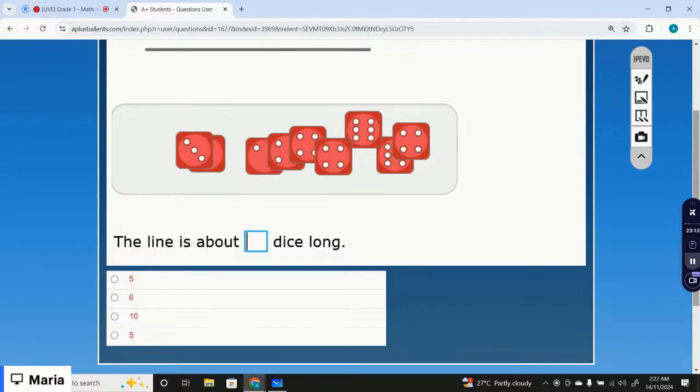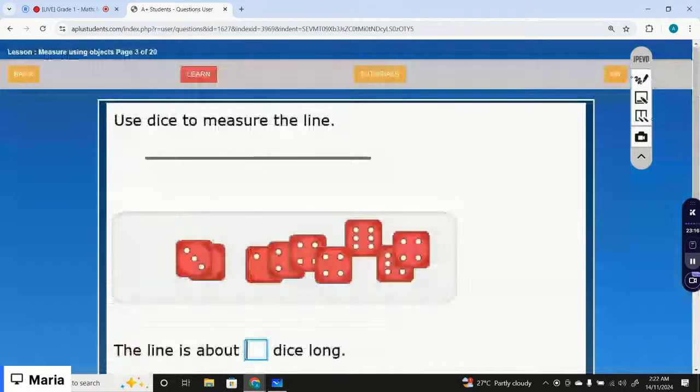That is 10 dice long. Option number 3 is the correct option, right?